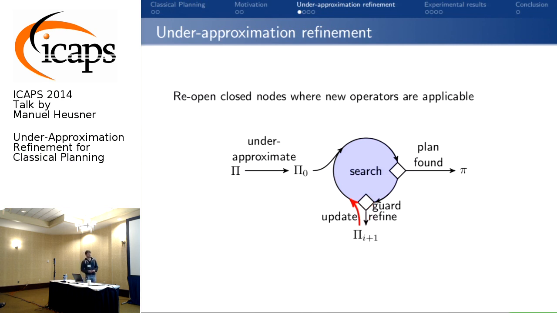If the refinement delivers new operators, we must update the search by reopening closed nodes where new operators are applicable. Afterwards, we continue to search on this refined under-approximation until a plan is found, and if not, we iteratively do refinements.